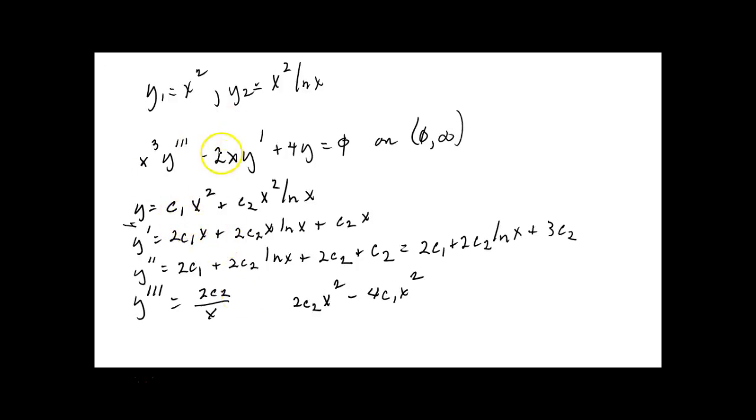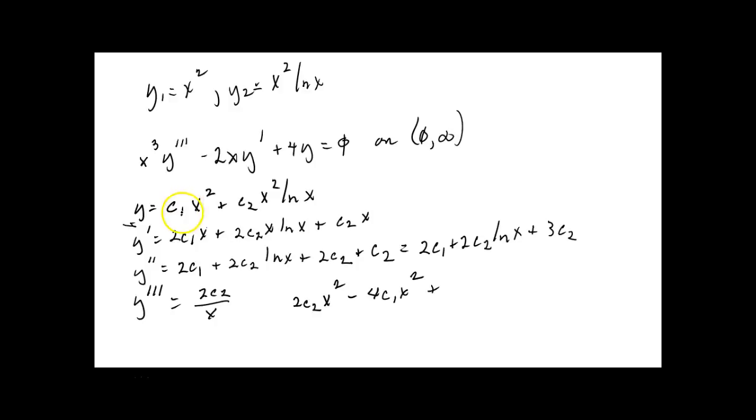Got lost what I was doing. Okay, minus 2x times a 2c1x would be minus 4c1x squared, and then a plus.